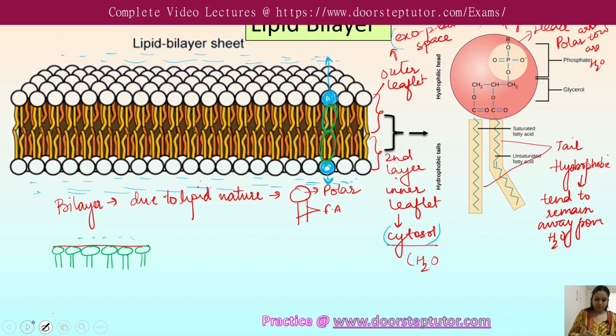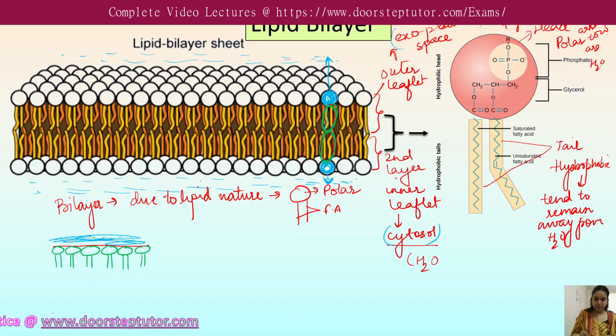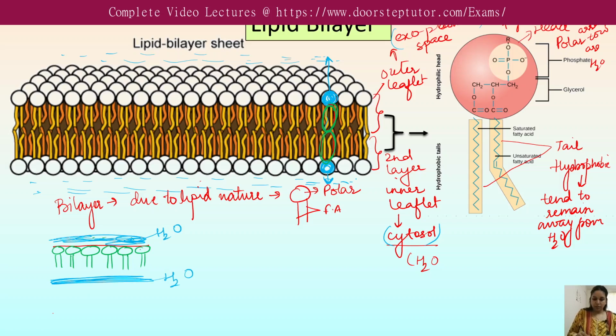Outside the layer there is water, and also inside the cell there is water. Now these are the polar parts of the lipid structure. They are attracted toward the water. Then this bonding is okay with the outer side of the plasma membrane. But these tails will never be toward the water.